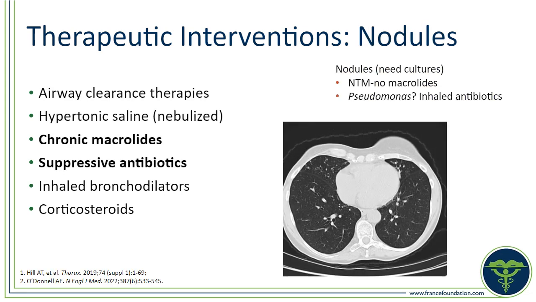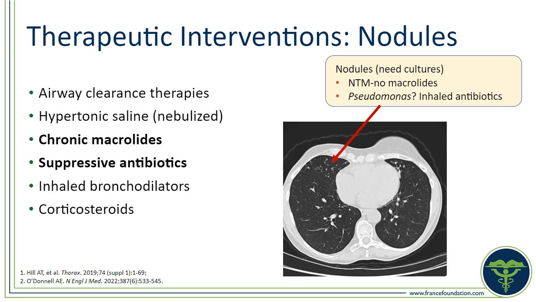Next, we're often left looking at therapeutic interventions for inflammation and nodules. Some of these nodules could be infectious in underlying cause. Particularly, we often need to focus on getting cultures to help guide our therapies. When we're looking at treating with anti-inflammatory agents, we're left thinking of chronic macrolide therapy for its immunomodulatory effects.